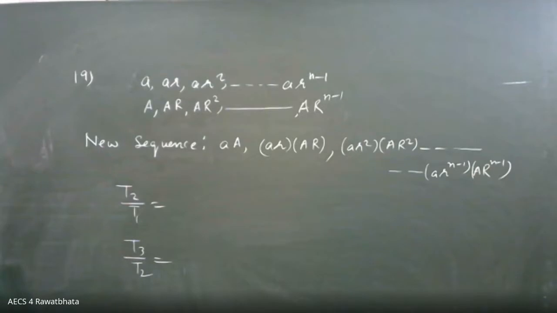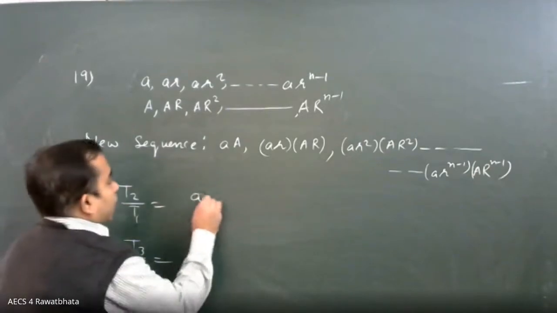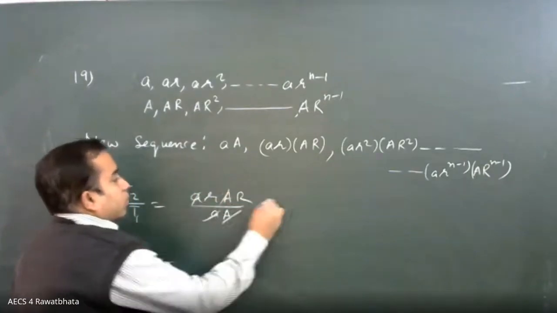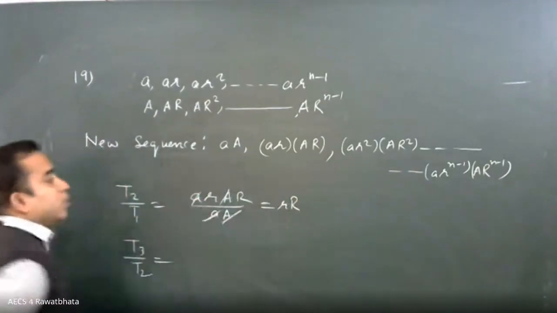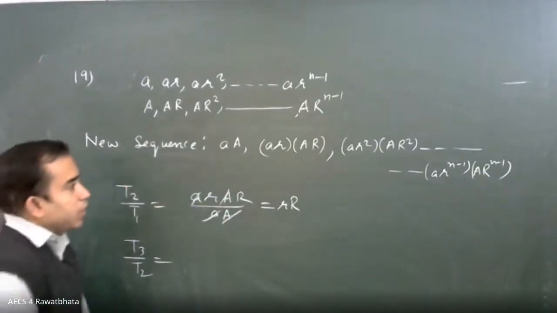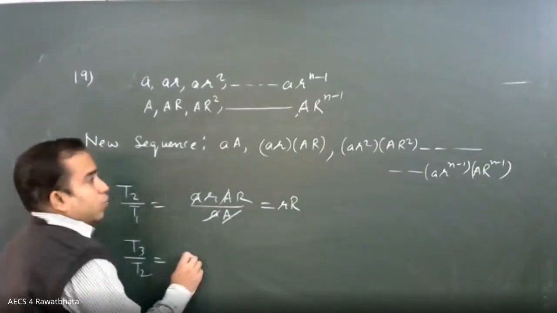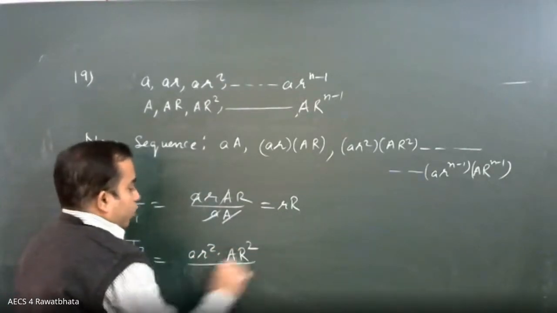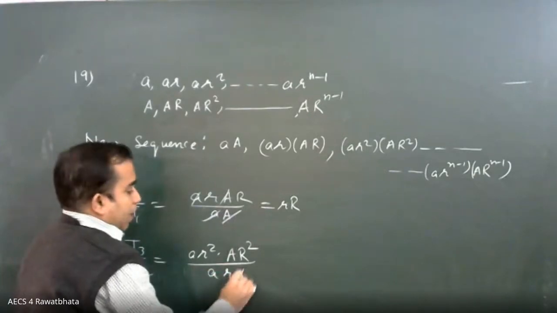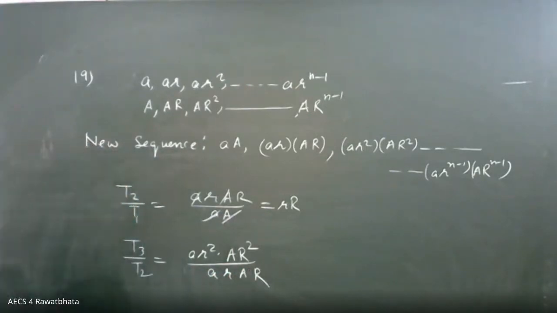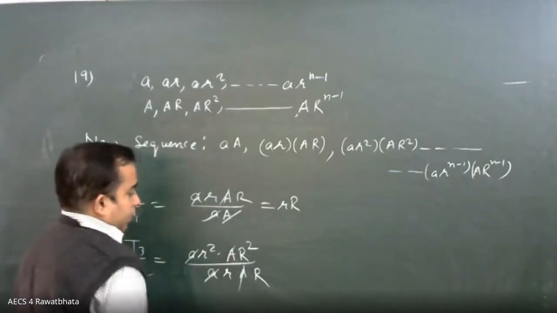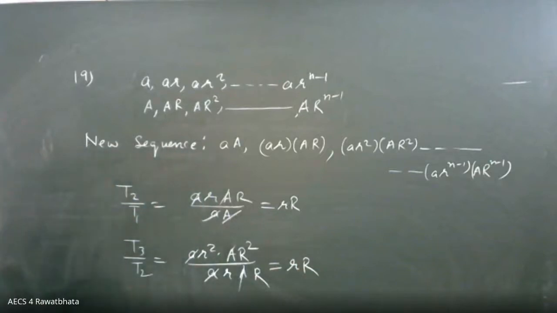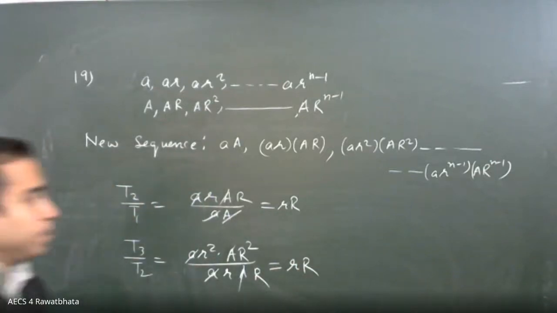So let us find the ratio of term 2 upon term 1. Term 2, ar capital A capital R, upon a capital A. So this is r capital R. Similarly, term 3 upon term 2: ar square capital A capital R square upon ar capital A capital R. This also simplifies to r capital R. So the ratio is fixed.